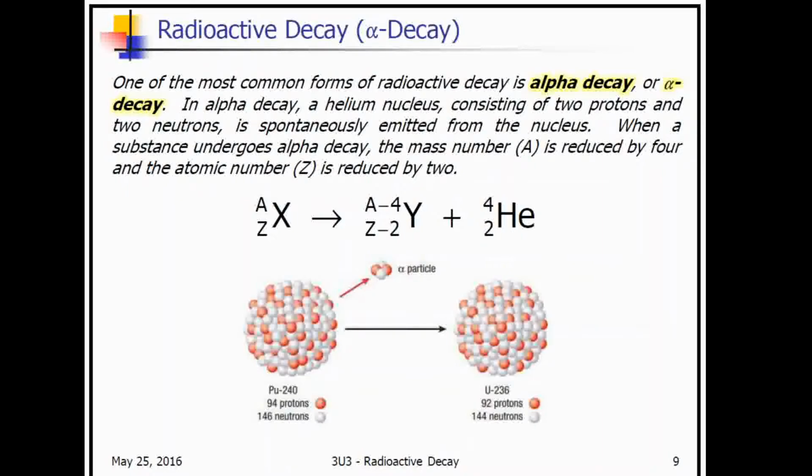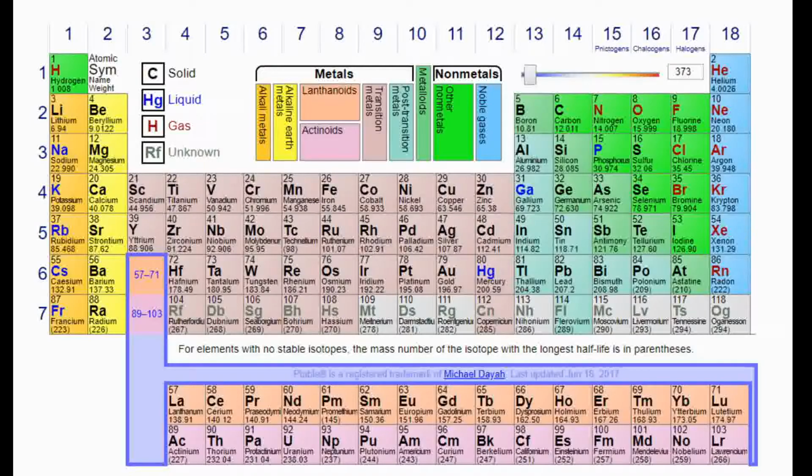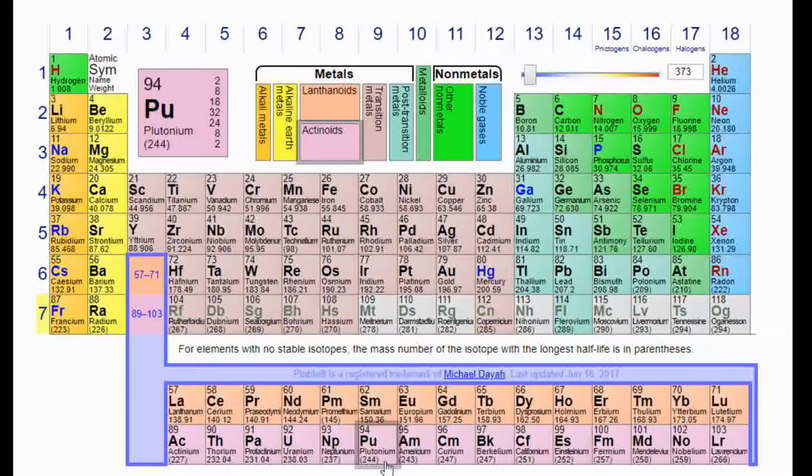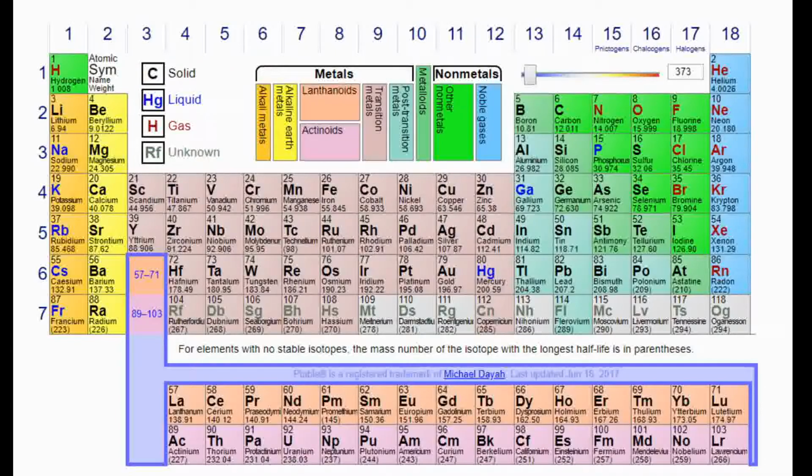So that is what our question states, and that plutonium ends up losing a mass of 4. The 94 becomes a 92. So it becomes uranium-236, because its mass is now 236, and uranium is, of course, the 92nd element. And what's left over is the alpha particle, the helium, and it has a mass of 4, and its atomic number is 2.